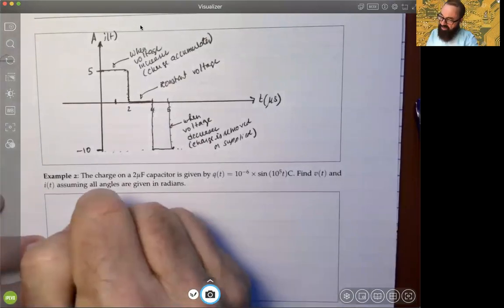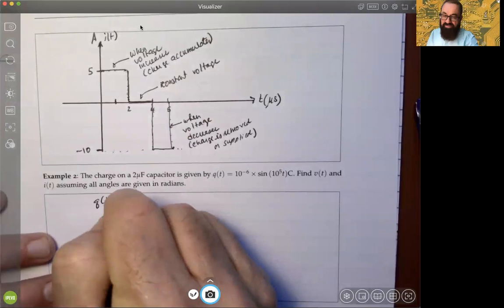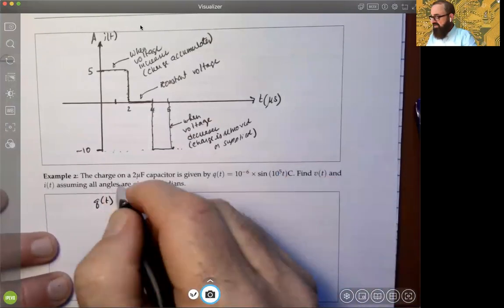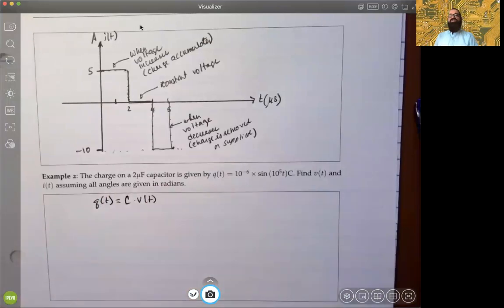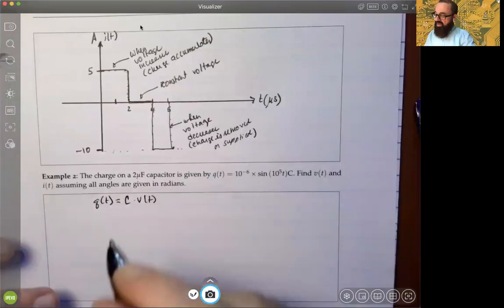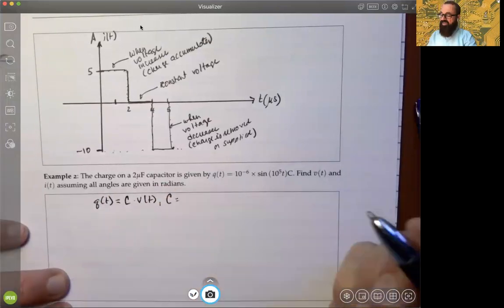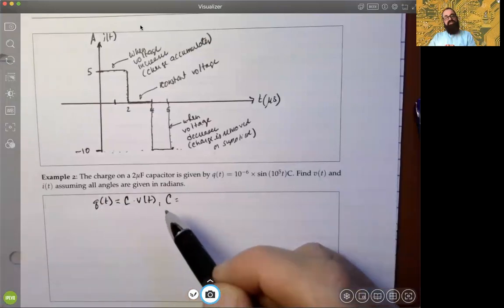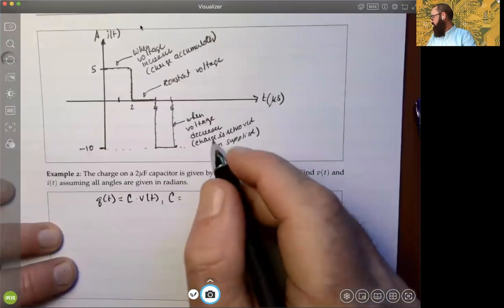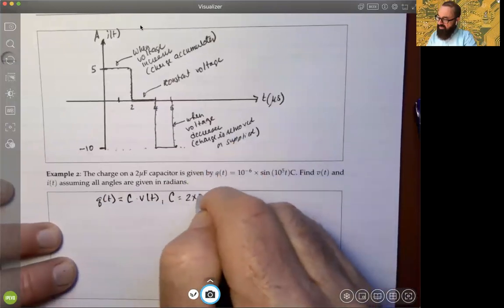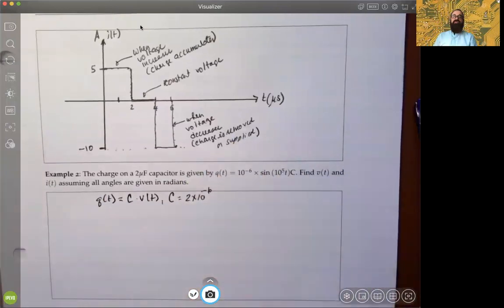So again, using our charge function for capacitance, it's always C times the voltage. Assuming the voltage changes, the charge changes, right? In this case, that constant C, be careful, this is capacitance, not coulombs. So this value is 2 times what? 10 to the minus 6, because it's 2 microfarads, okay?